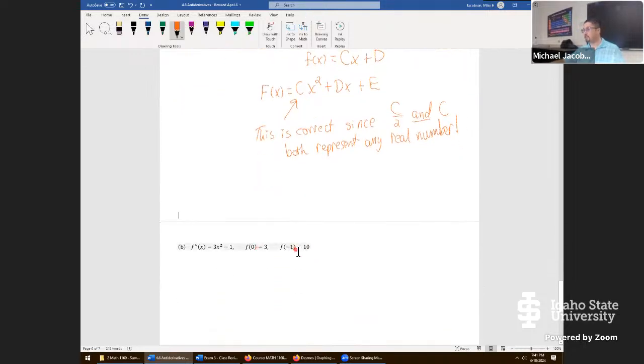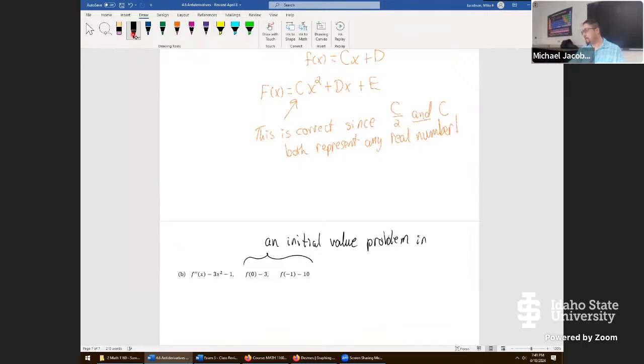So in this context, we would call this an initial value problem in differential equations.